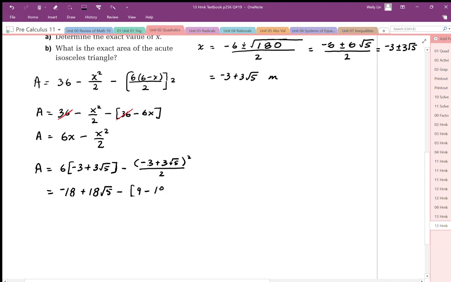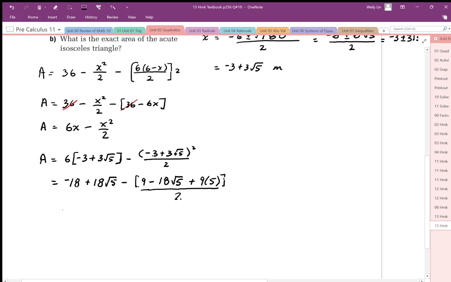We're going to have negative 9 twice, so we're going to get negative 18 root 5 plus, we're going to square that last term, we're going to end up with 9, and root 5 times root 5 gives us 5. And then we have to just make sure we don't forget that divide by 2.